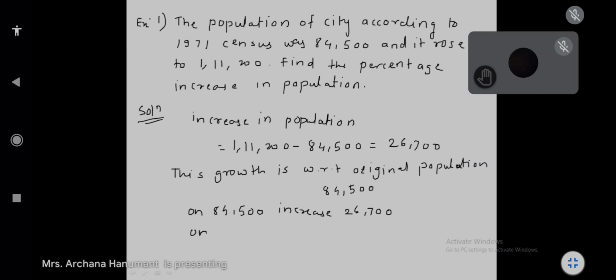But we will take the increase on a population of 100. That means find this value: 100 divided by 84,500 into 26,700. Tell me what it will be equal to.